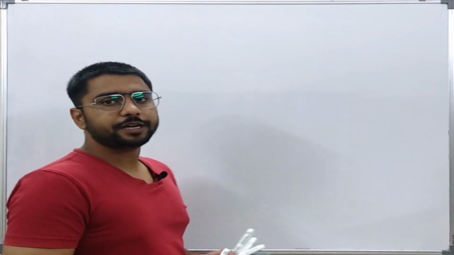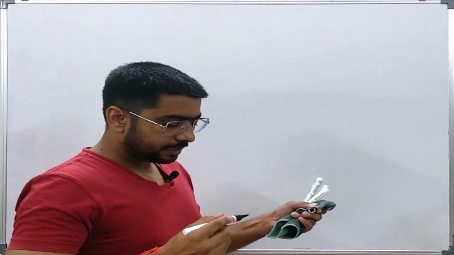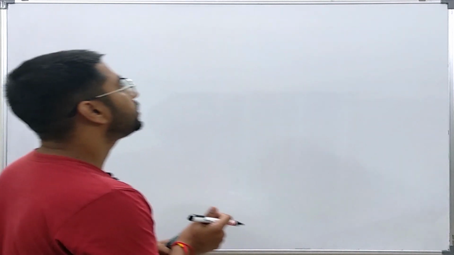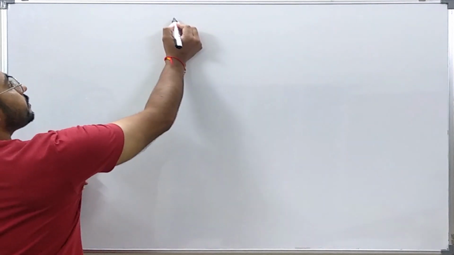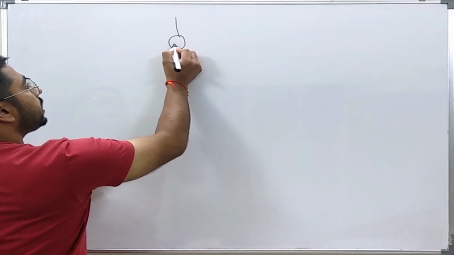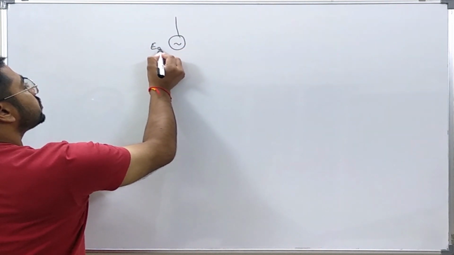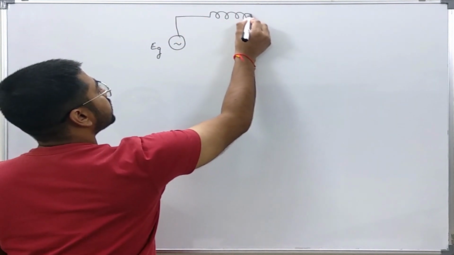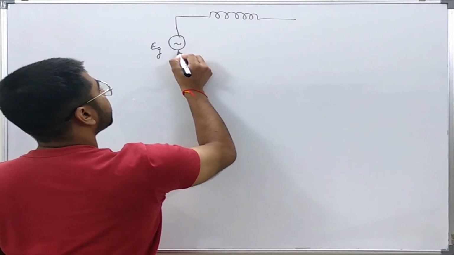As we have seen in one of our previous lectures, the equivalent model of a synchronous generator is usually given by an AC voltage source in series with its synchronous reactance.